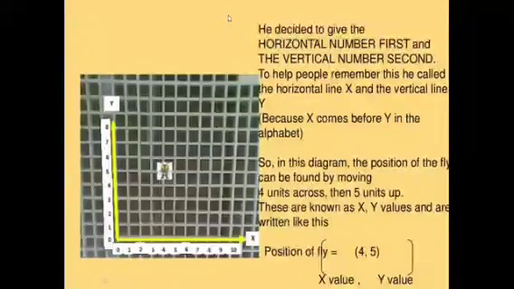These are known as the X and the Y values and are written like this. The position of the fly can be written as, in the bracket, 4, 5. 4 represents 4 units across, that is 4 units on the horizontal line. And 5 represents 5 units up, that is 5 units on the vertical line.